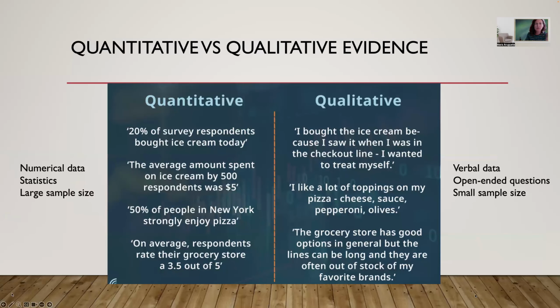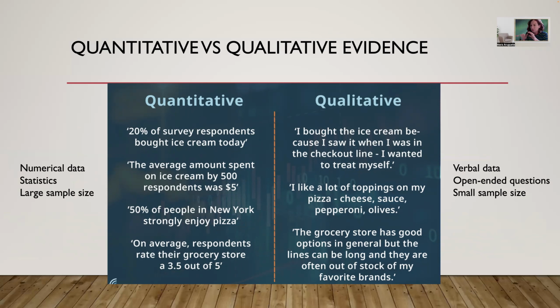Okay, so we have a couple of different types of data, and those are called quantitative versus qualitative. I want to talk a little bit about those first. Quantitative is numerical data. It uses statistics.